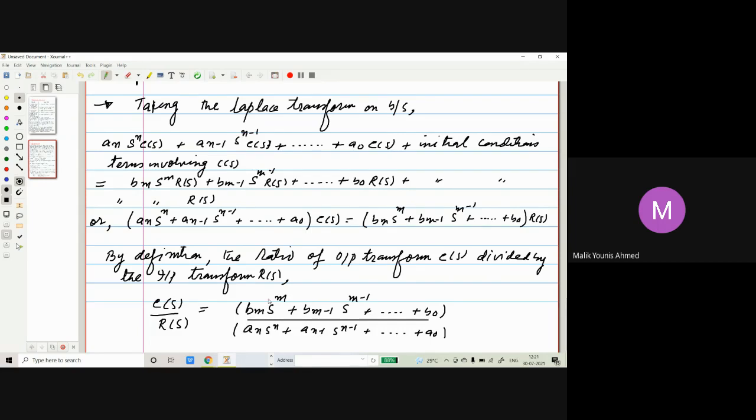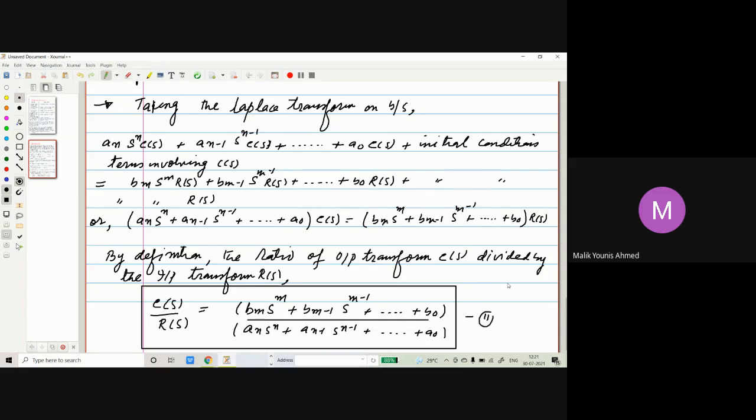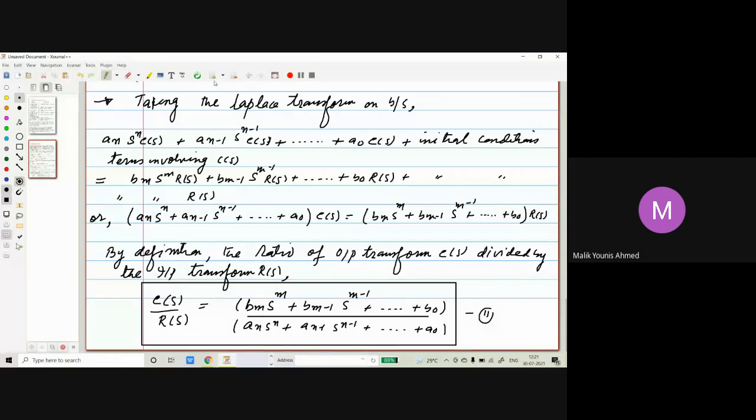So this is our complete expression, I will box it. Now let us call it equation second.